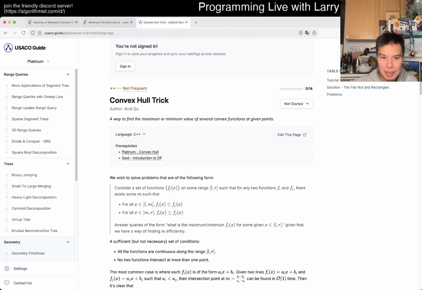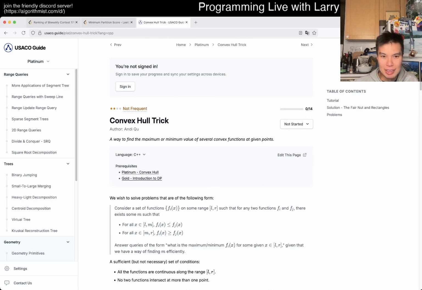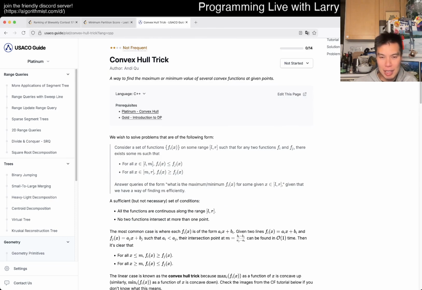All right, let me reread this. So functions f sub I on some range. What is x? Oh, for all x. And okay, I mean this part we get. Okay, fine. But what is f of I again?